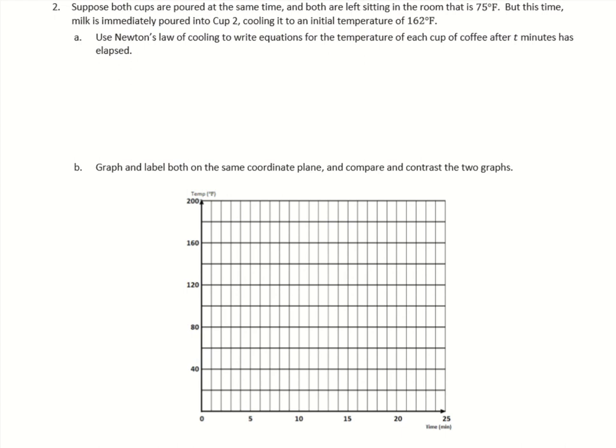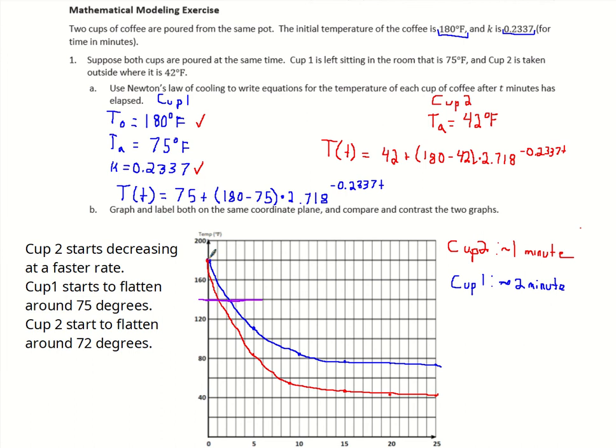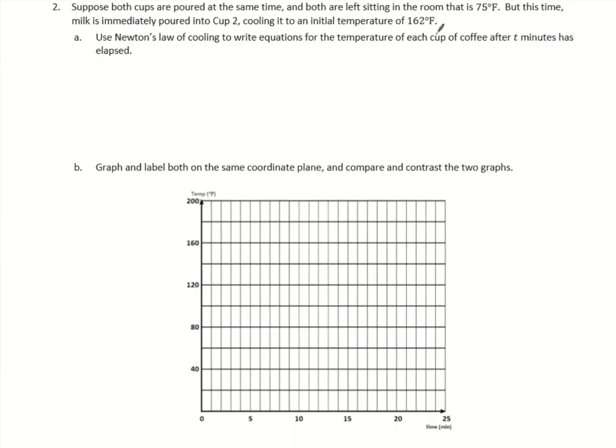However, instead of being in separate rooms, so having different ambient temperatures, this time milk is immediately poured into cup 2, which cools it down to an initial temperature of 162 degrees Fahrenheit. So instead of starting at 180, our cup 2 is going to be starting at 162.